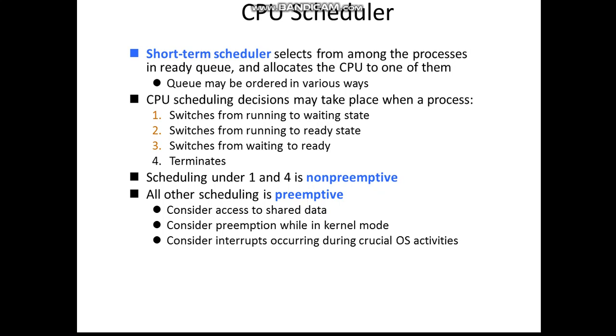So in these two cases it is relinquishing the CPU on its own, so these two conditions lead to non-preemptive scheduling. Whereas the other two, that is running to ready state, where the OS makes it move out or preempts it for another process, and it waits in the ready queue to acquire control of the CPU. So these two situations are preemptive.